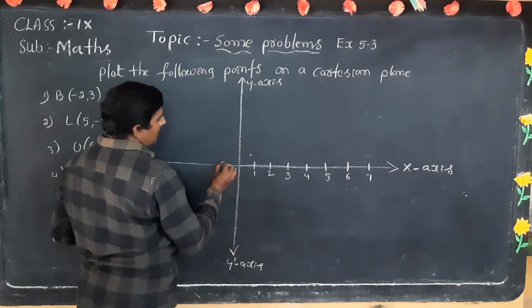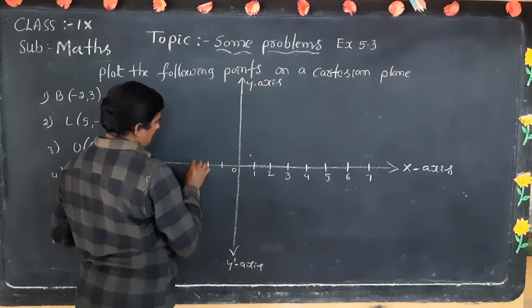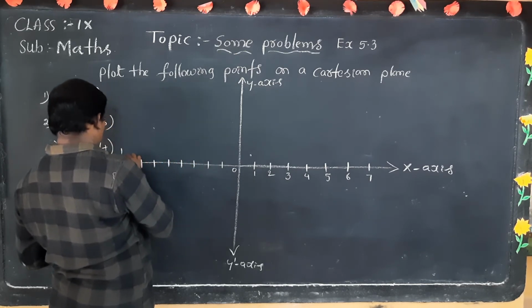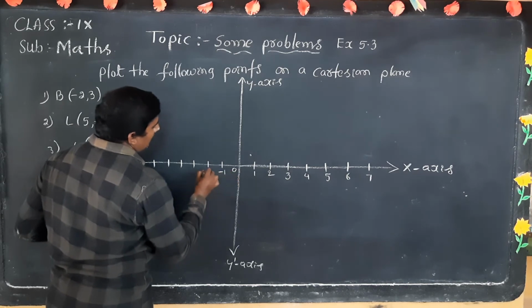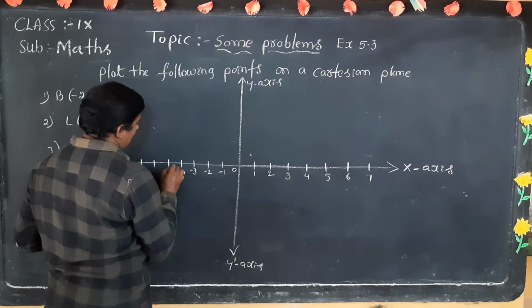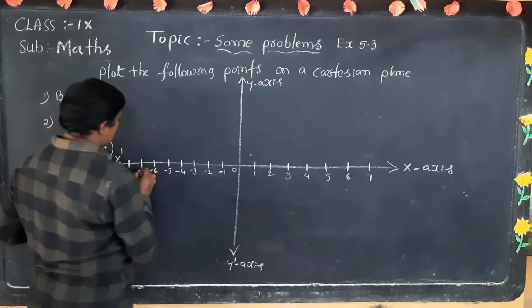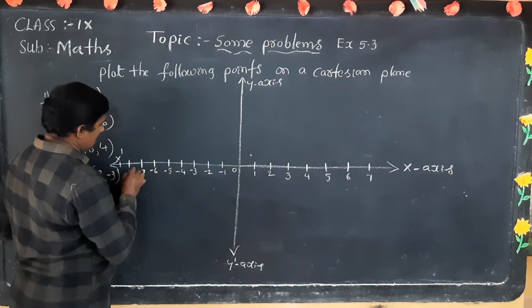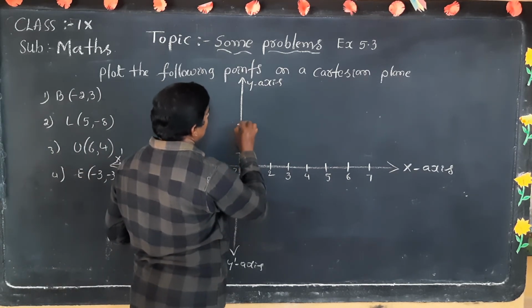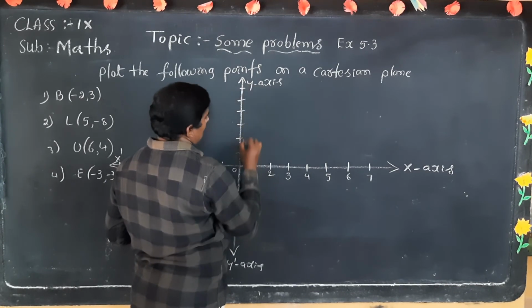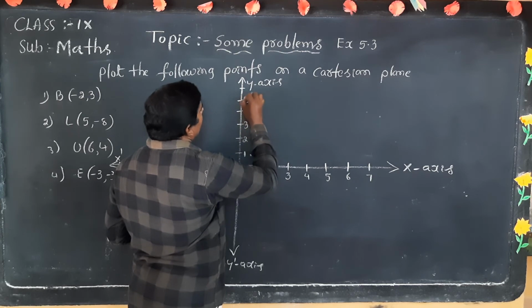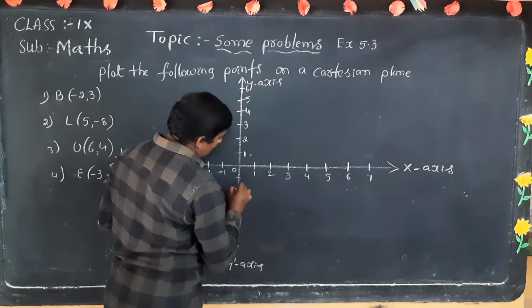Left side values are negative: -1 to -8. Upside values are positive: 1 to 6.